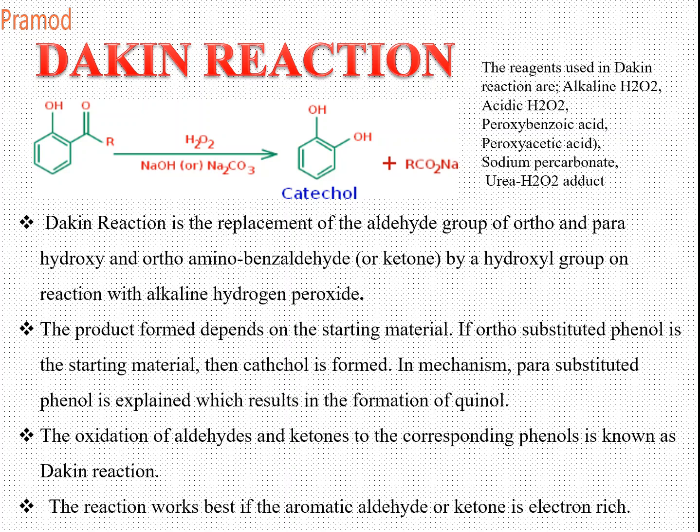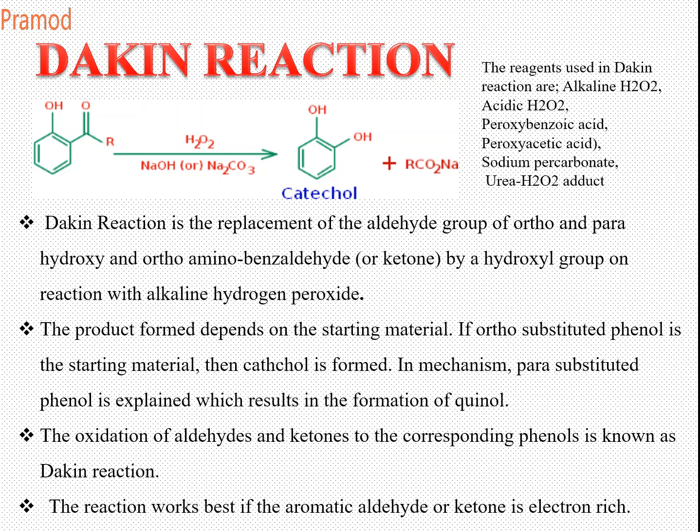Aromatic aldehydes and ketones containing an OH or an amino group at the ortho or para position undergo a rearrangement reaction, where the aldehyde is replaced by a hydroxyl group on reaction with alkaline hydrogen peroxide. So this is the basic Dakin reaction.